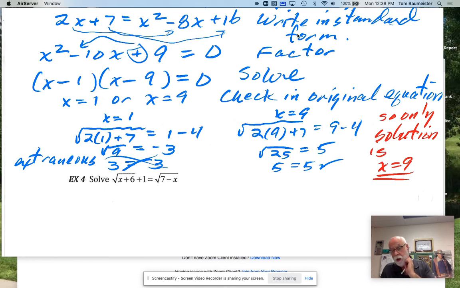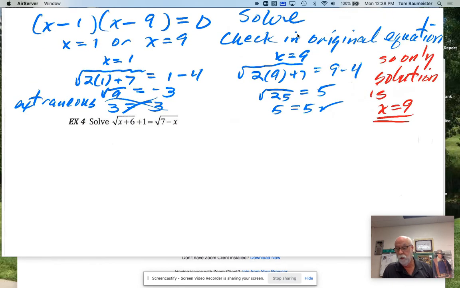All right. Next one's kind of a little more involved here, but again, you can still do it. On this one here, we have two square roots. So we're going to have to square both sides. Sometimes we might have to do it more than once. So I'll square each side.